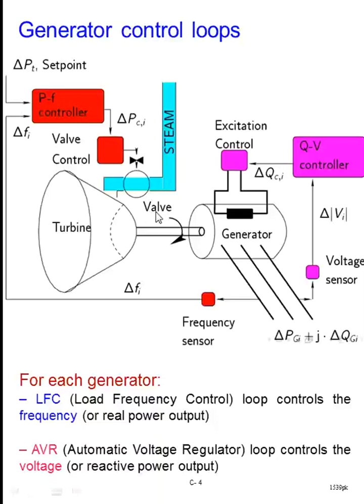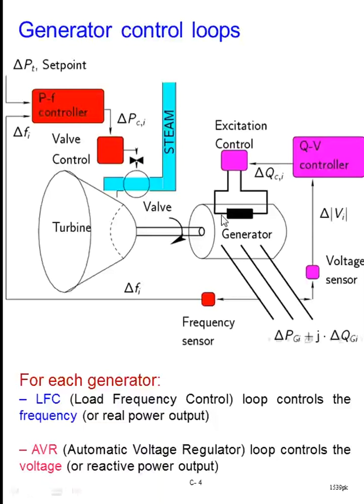Then we have another loop with the feedback of the voltage signal from the generator terminal. And then it is, you can say, the exciter control part or AVR section, which will control the field signal or the field current of the field circuit of the generator here.